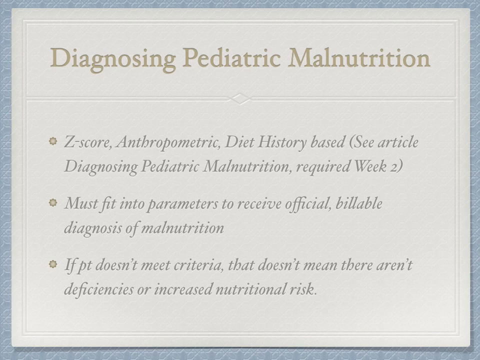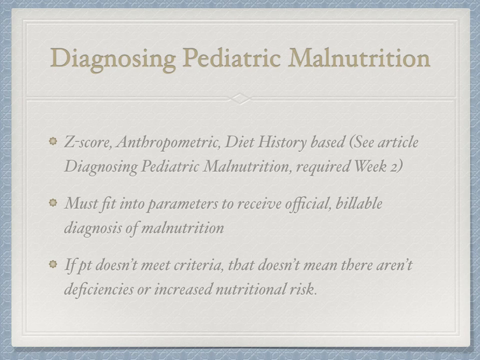So, when diagnosing pediatric malnutrition, it factors in z-scores, anthropometrics, and diet history. You can see an article regarding diagnosing pediatric malnutrition, which is in your dashboard and required reading for week 2.